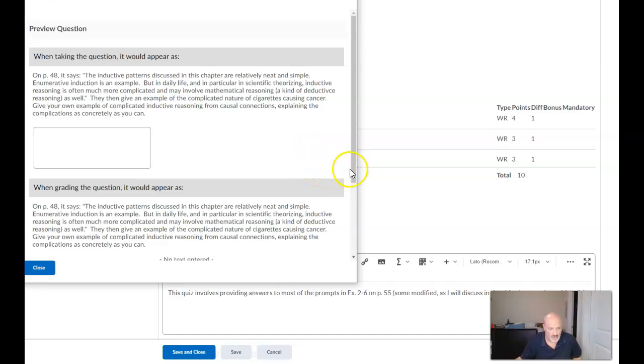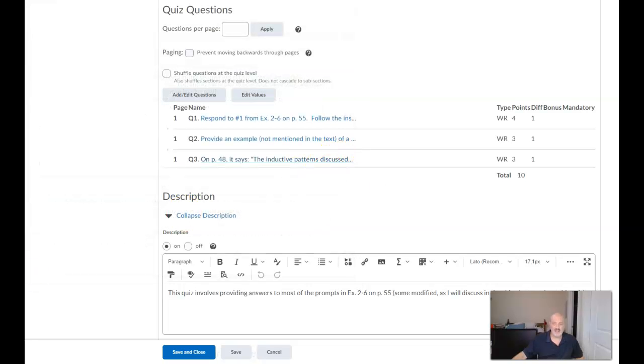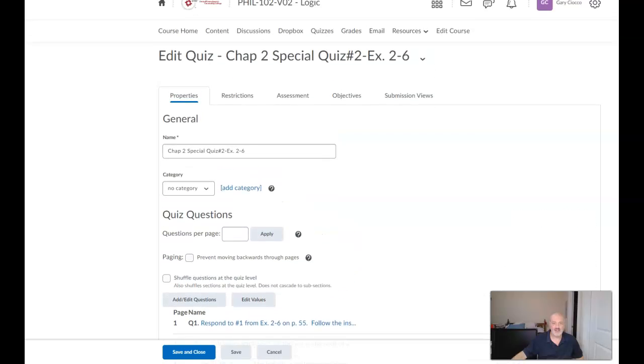So using that as a model, come up with your own example of complicated inductive reasoning from causal connections, and explain those complications as concretely as you can. So that's the third one. Again, this is the quiz.